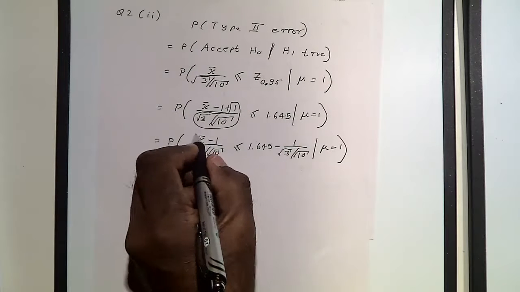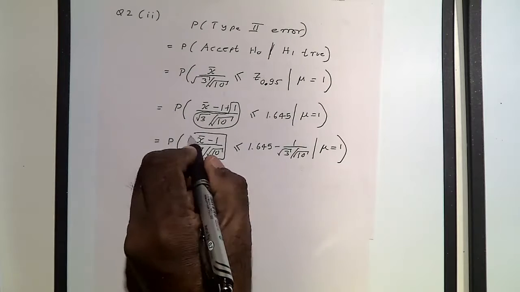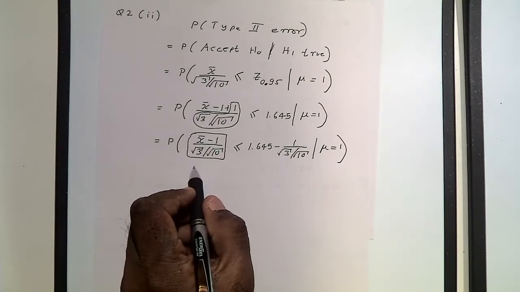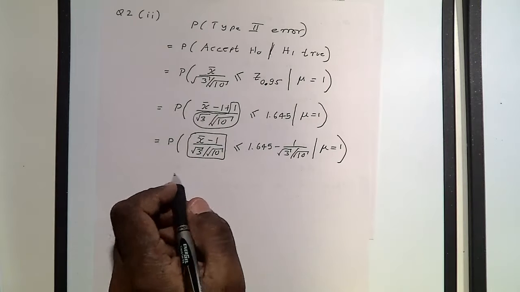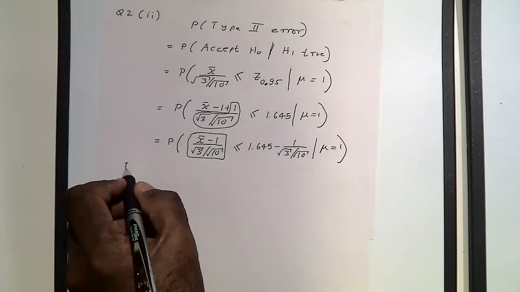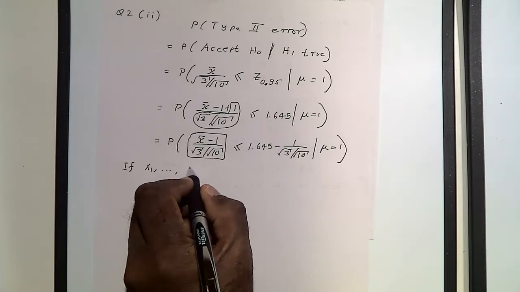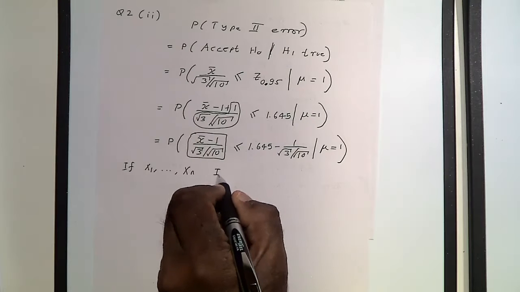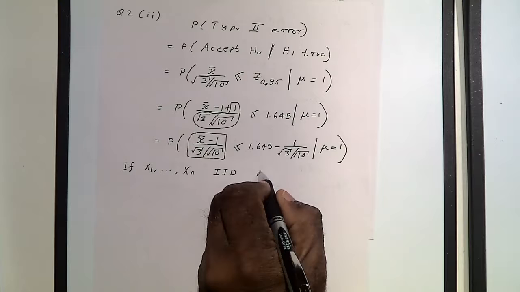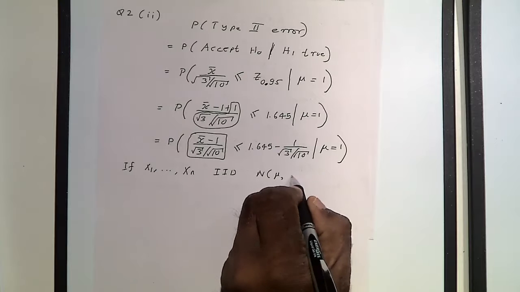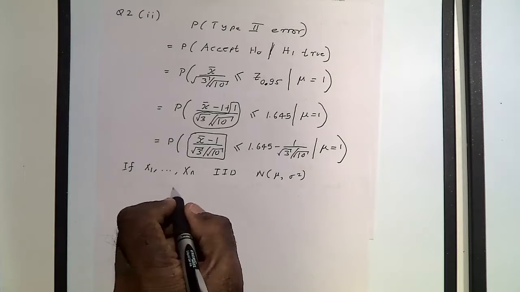Now let me ask you, what do you know about this? Normally distributed. Yeah. Some of you maybe don't remember, so let me write it down. If you have a random sample, IID, from a normal distribution, then the following fact is true.